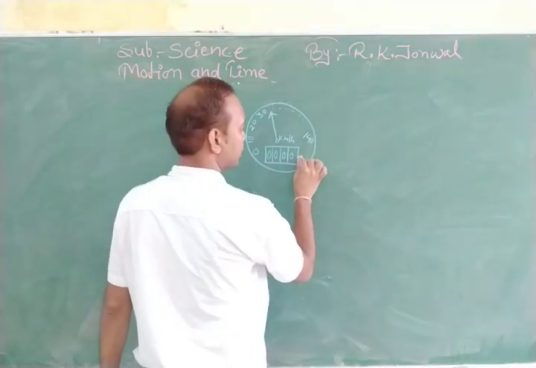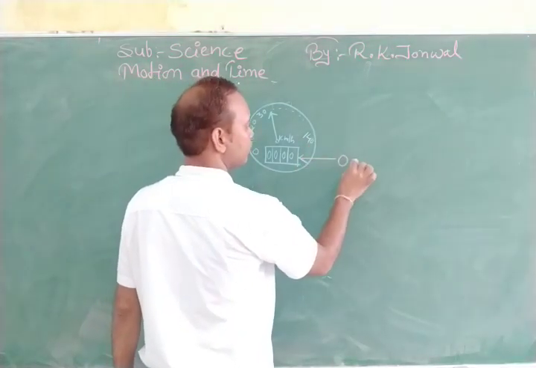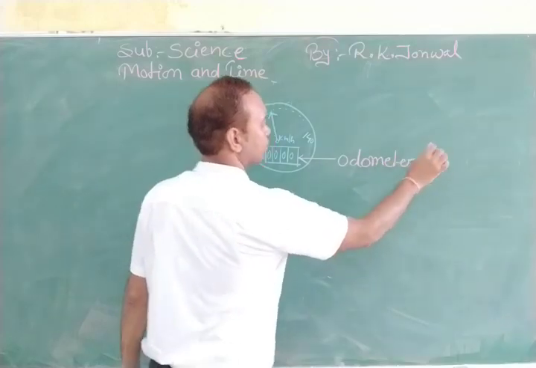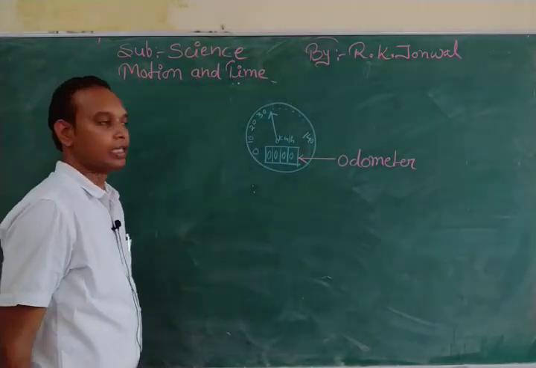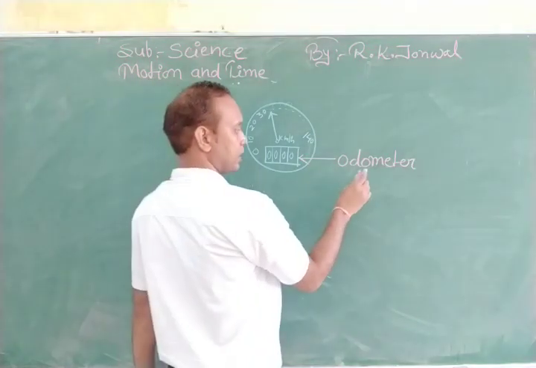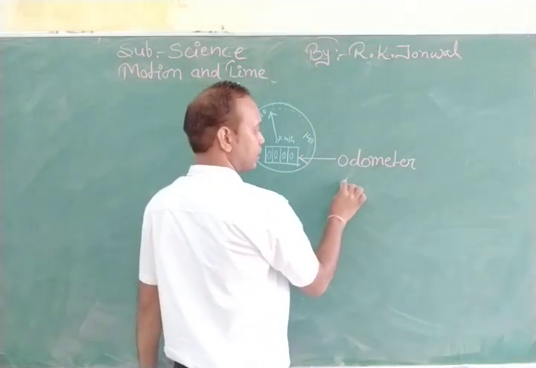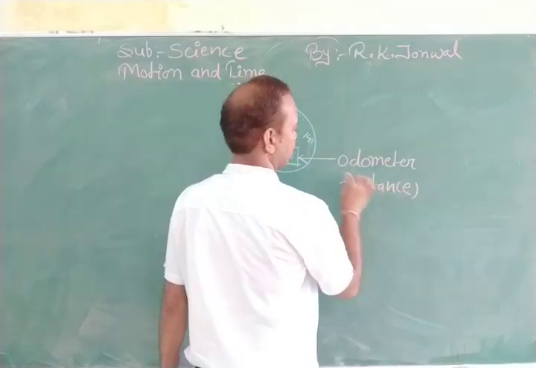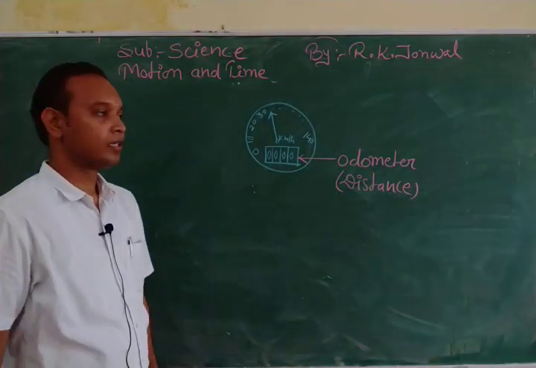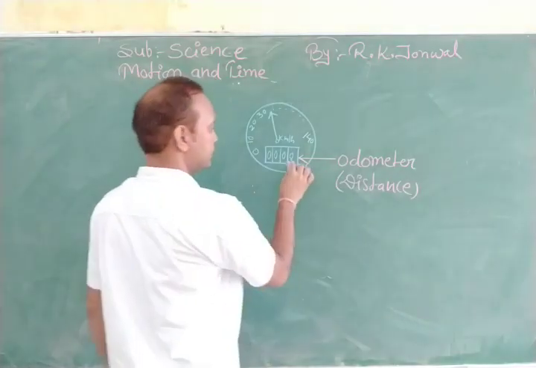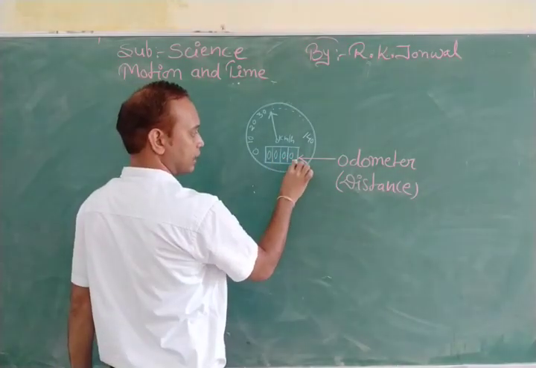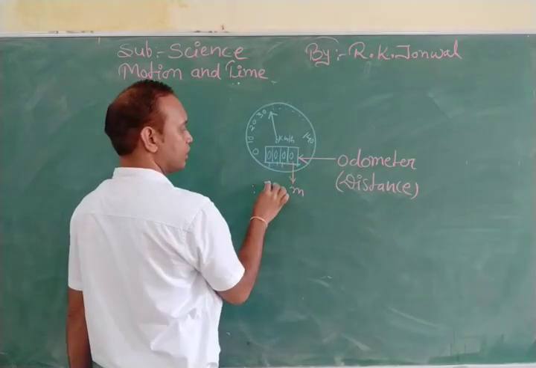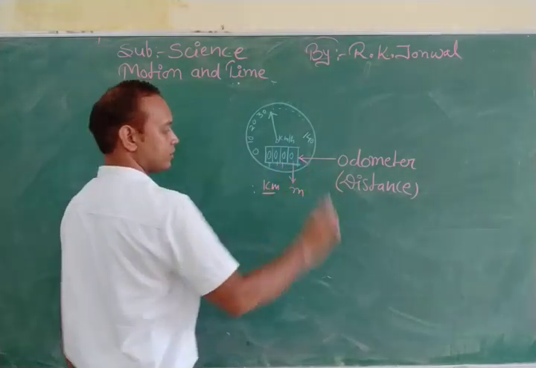That one is called odometer. That instrument helps us to find out the distance. Here are zeros, that is meter, and these all are for kilometer.